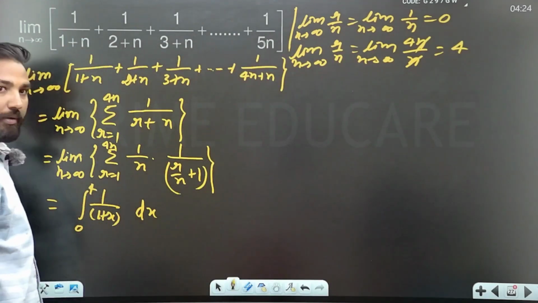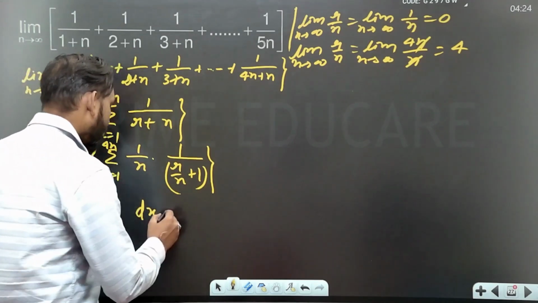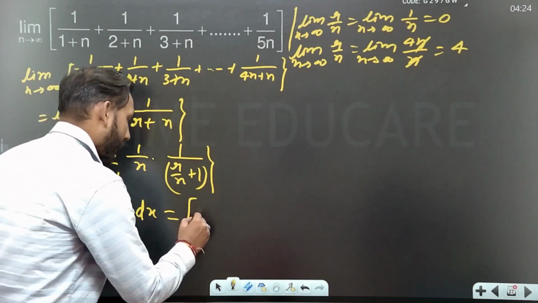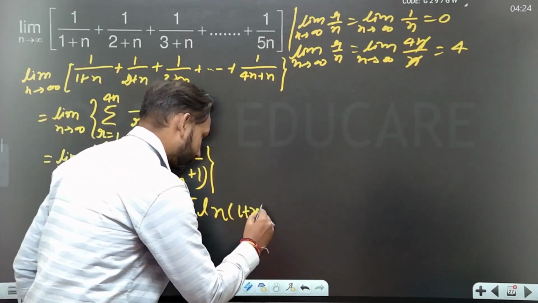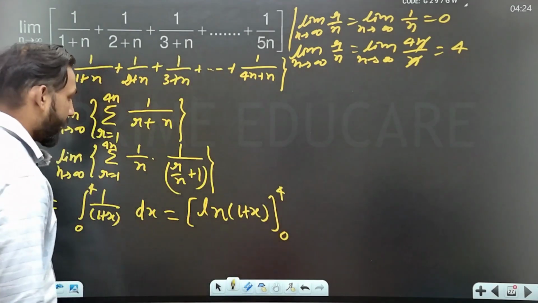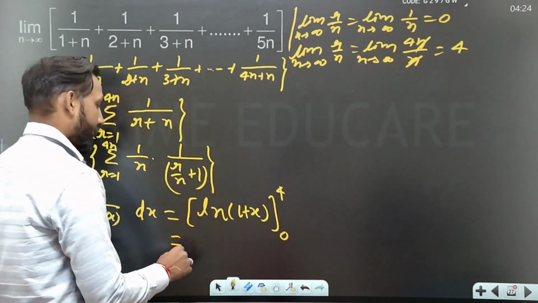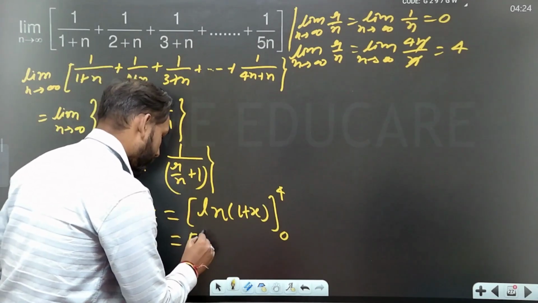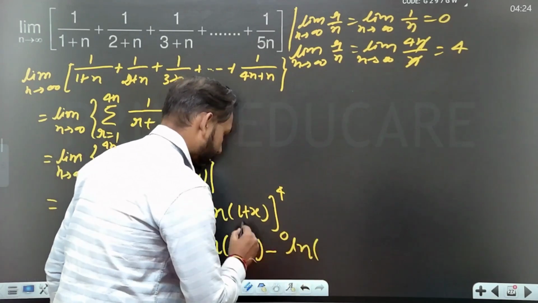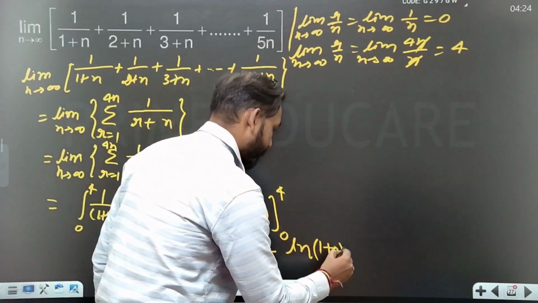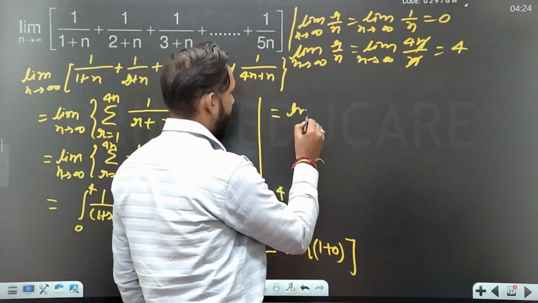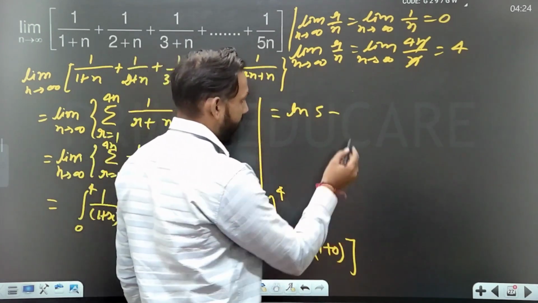Okay, clear. Now do the integration of this. We have ln of 1 plus x from 0 to 4, right? Putting in the upper limit 4, we get ln 1 plus 4 minus ln 1 plus 0, which is ln 5 minus ln 1.